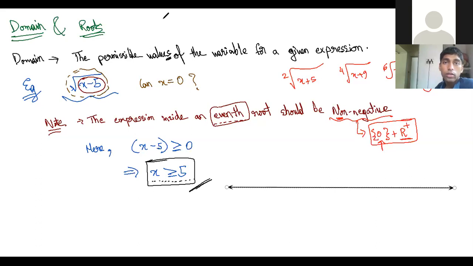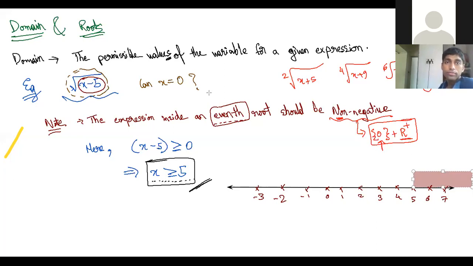If you plot the real line, 0, 1, 2, 3, 4, 5, 6, 7, -1. So this is the real line. What are the permissible values? All values which are greater than or equal to 5. You take any value of x greater than or equal to 5, that value is permitted. So this shaded region becomes the domain of this expression.